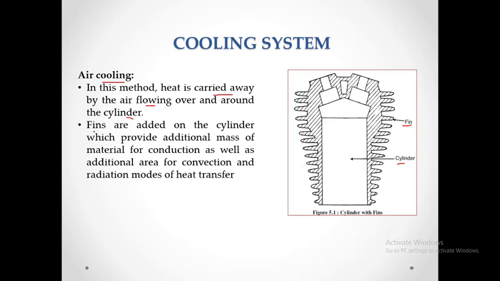Fins are added on the cylinder, which provide additional mass of material for conduction as well as additional area for convection and radiation modes of heat transfer. So if we use fins, that is an example of air cooling.